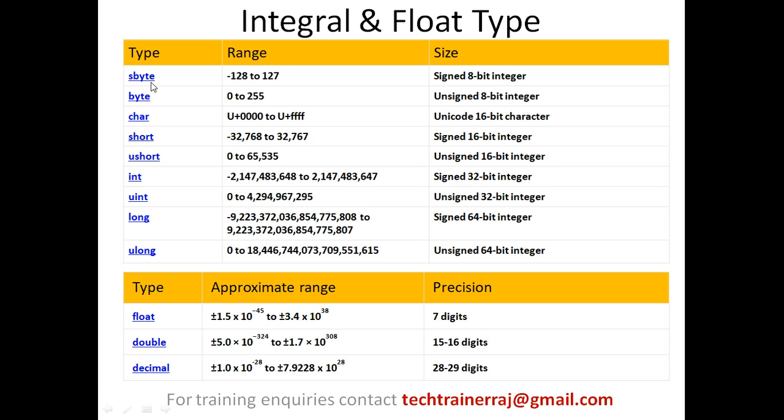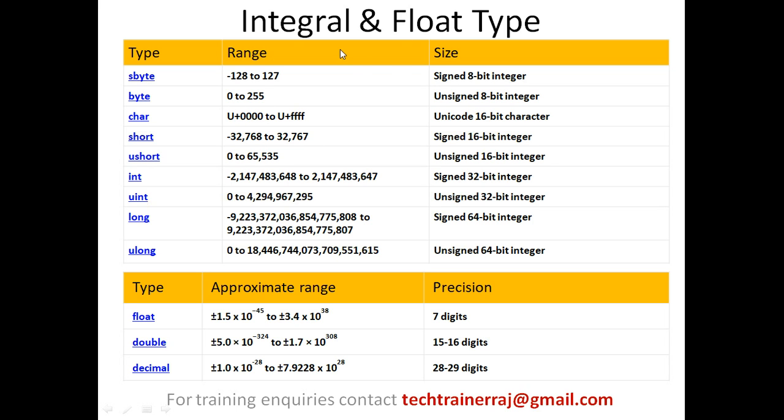Okay, for sbyte, it assigns an 8-bit memory, which is 1 byte, and it holds the values ranging from -128 to 127. A byte is also an 8-bit integer value, but it is unsigned, which stores the range of values starting from 0 to 255.